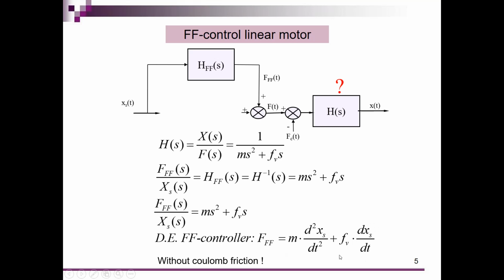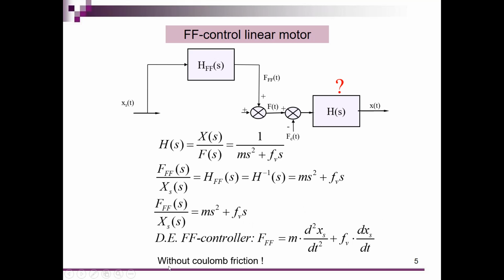So this is my differential equation, which I want to implement here in software, because this, of course, is software and this is my real life system over here. So I have to realize this in software.